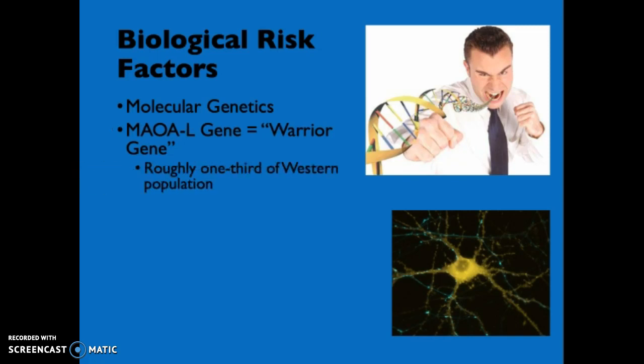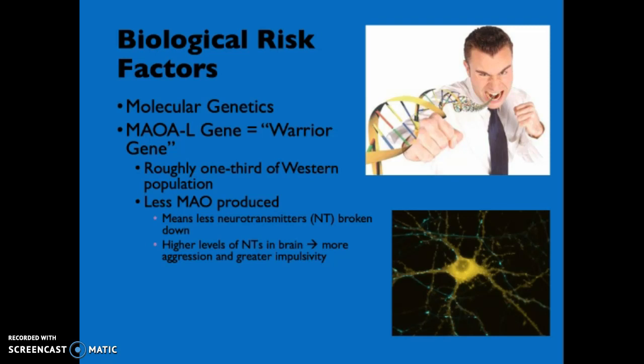So roughly 1/3 of our Western population has this variant L gene, or the warrior gene. And basically it's less of the MAO that's produced. So it's less neurotransmitter that's broken down, which means that there are higher levels left in the brain. This has led to the person being more likely to aggress and more likely to be impulsive, because there are more of those neurotransmitters left in the brain that weren't able to be broken down.